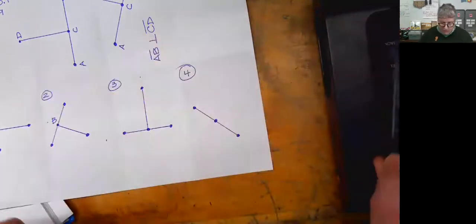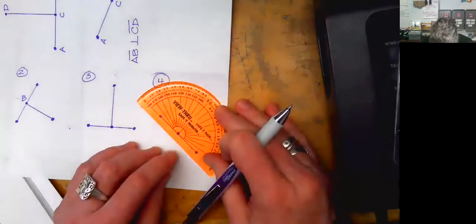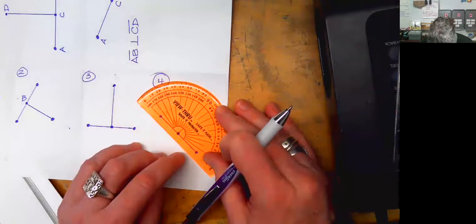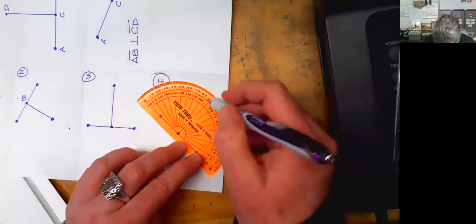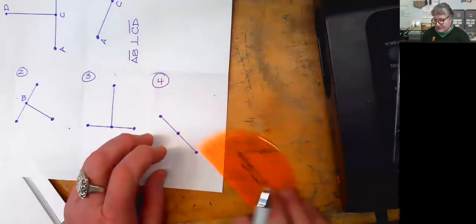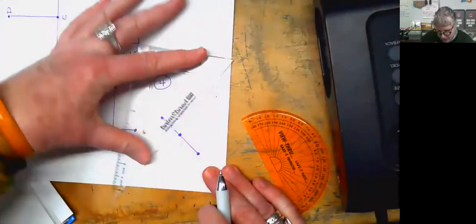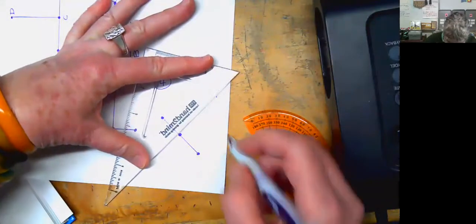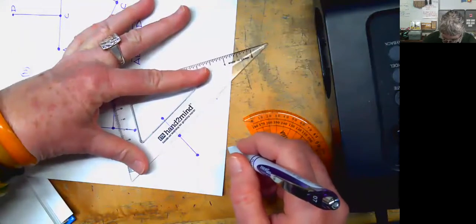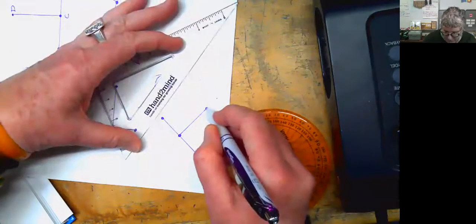So I'm going to go ahead and put my protractor right here, line up the vertex in the crosshairs, put my mark at 90, take my drawing triangle. Oops, I just put it upside down. Take my drawing triangle, line it up with my mark, and there we go.